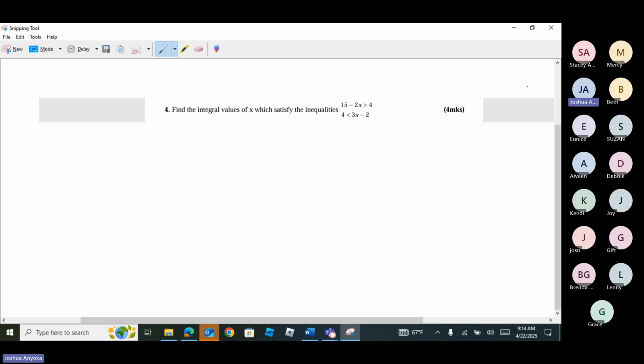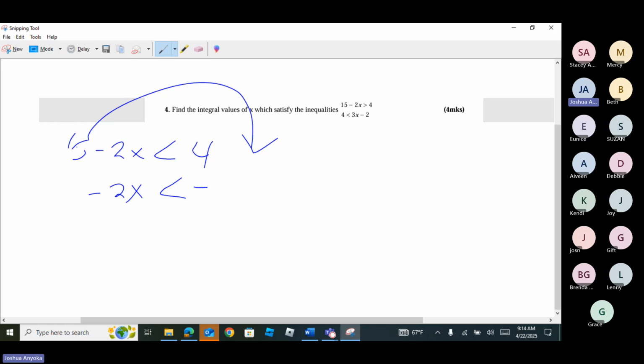It's very easy. Solving, we have 15 minus 2x is less than 4. We take this one to the other side. Negative 2x is less than negative 11. That is 4 minus 15, negative 11, over negative 2 over negative 2. x is greater than 5.5.